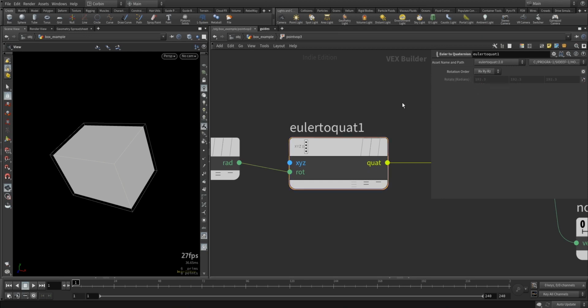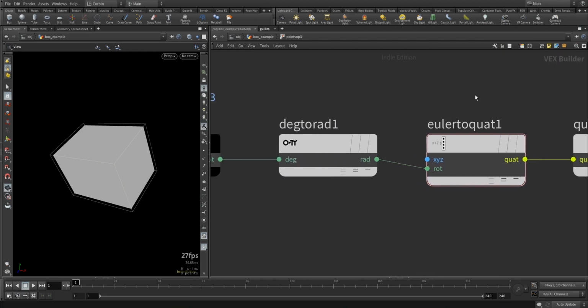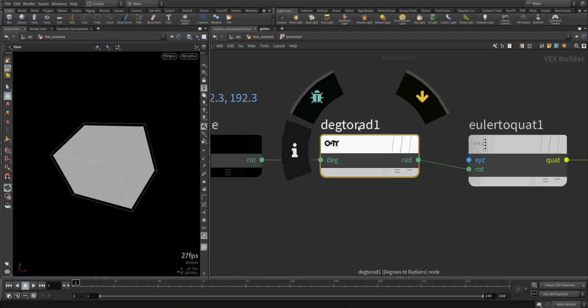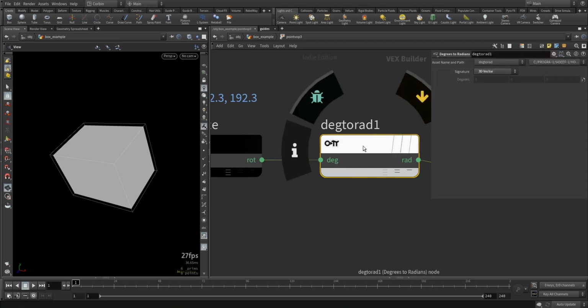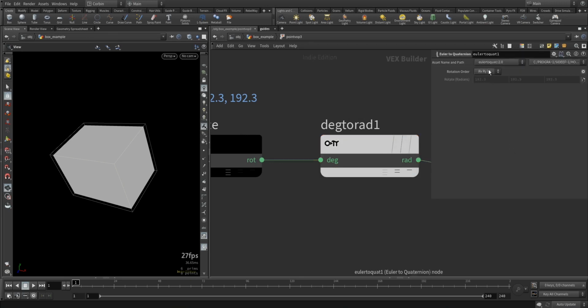Now, again, we've worked with radians before, and we know that there's just a direct conversion from degrees to radians. But when we say to something to rotate 90, we mean 90 degrees, not 90 radians. Nobody uses radians. So we do our degrees to radians node. Okay, and that just converts incoming degrees to then outgoing radians, which means that we can feed the radians into the Euler rotation because it wants radians.